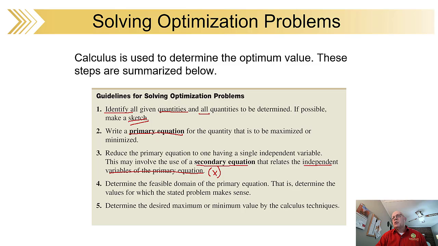Usually x, but it could be t, it could be something else. You're going to reduce it so what you're going to maximize is there, and other than the maximized variable, you only have one other variable. Very important. Then you're going to find out what the reasonable domain is for the primary equation. What kind of x's really make sense?